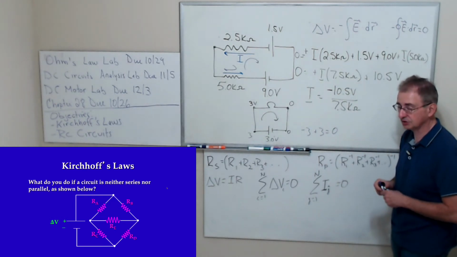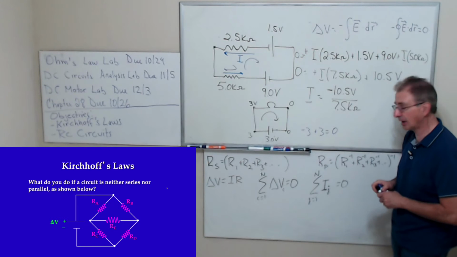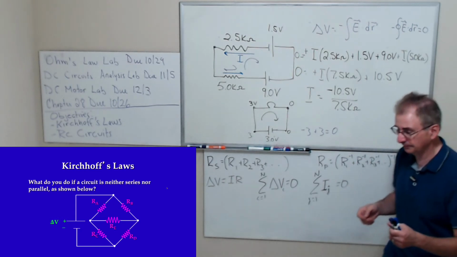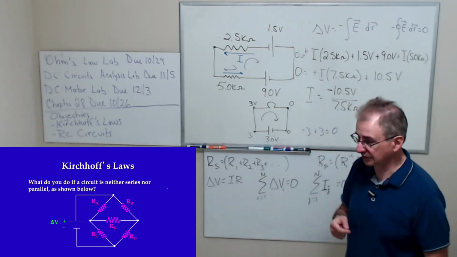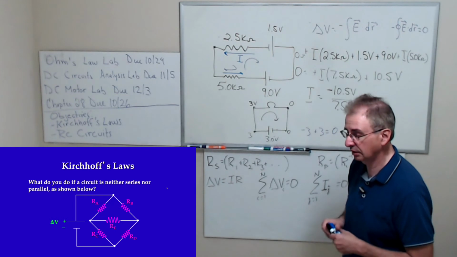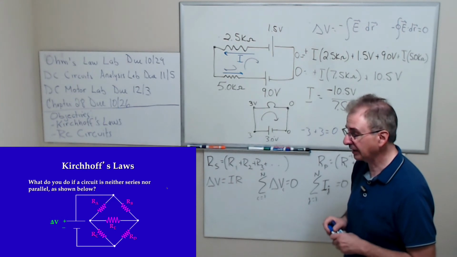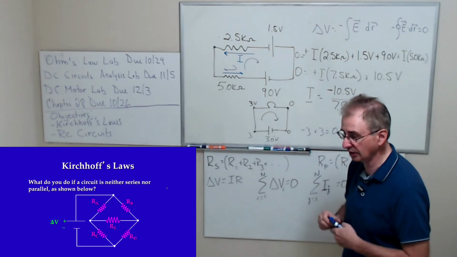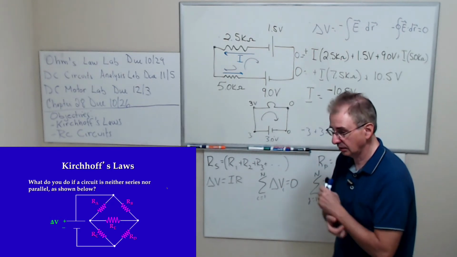So what I'm going to do now is talk a little bit about how you can apply Kirchhoff's laws to solve these kinds of problems. I'll do an easier example, then I'll do a harder example. I'll do this particular one. And then I have a third example. I'm just going to tell you about it, but the solution is in the notes.